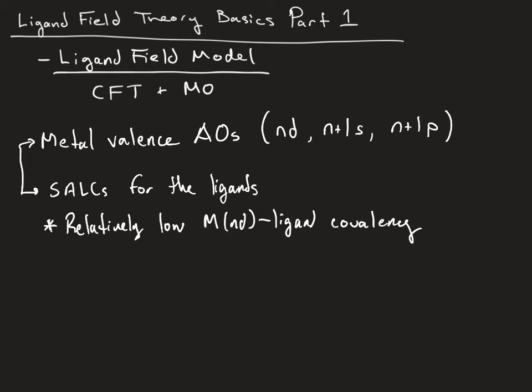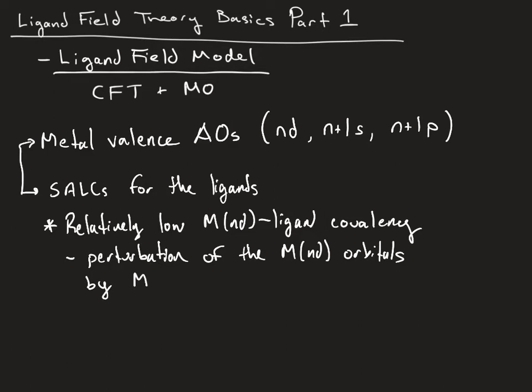If we make this assumption, then the perturbation of the metal nd orbitals induced by metal-ligand bonding will be minor and can be easily predicted using symmetry arguments. Future videos will address where this assumption breaks down and how this influences metal-ligand bonding.